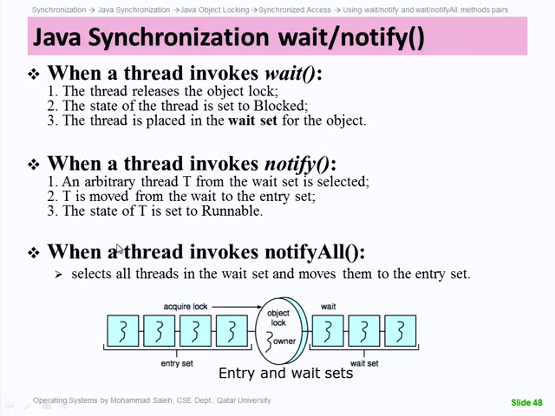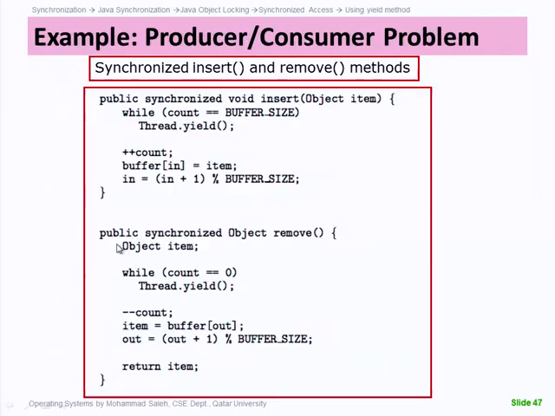So what we can do is solve this problem by using other combinations, such as the wait and notify methods. The wait, what does it do? Instead of using yield here, a thread who cannot proceed in the work it's supposed to do because of a condition can suspend itself and release the lock as well.